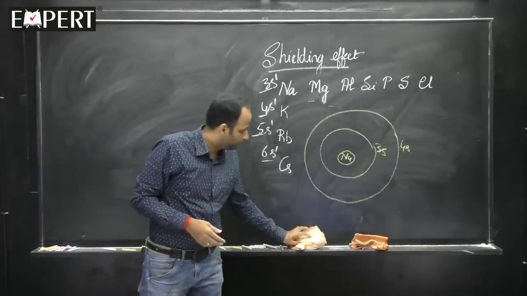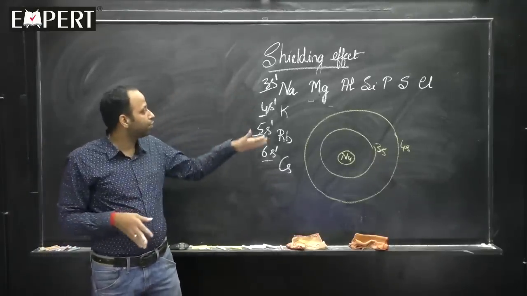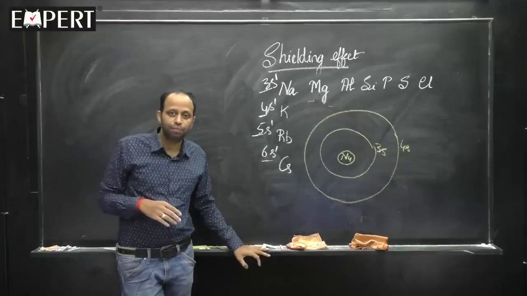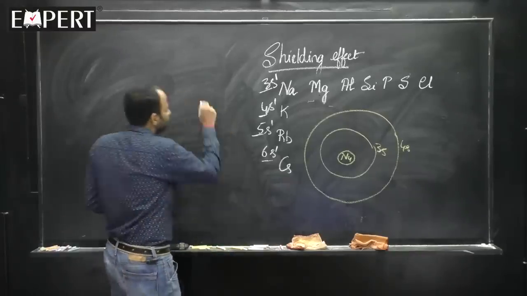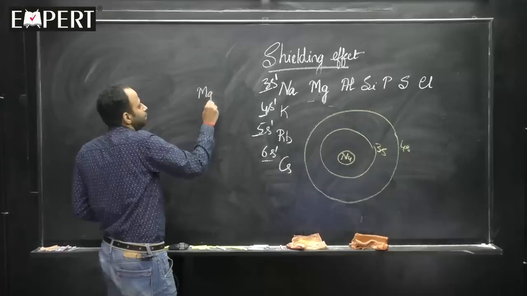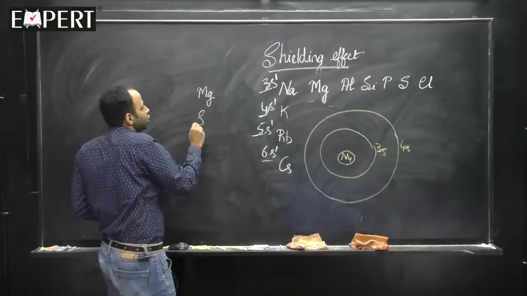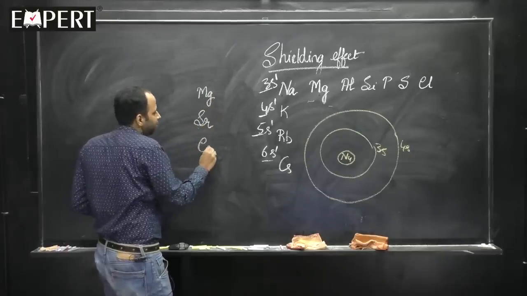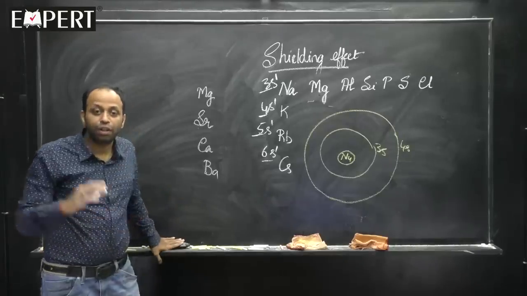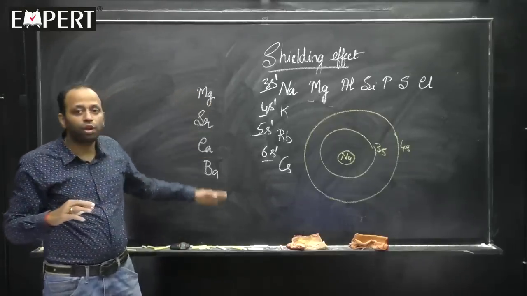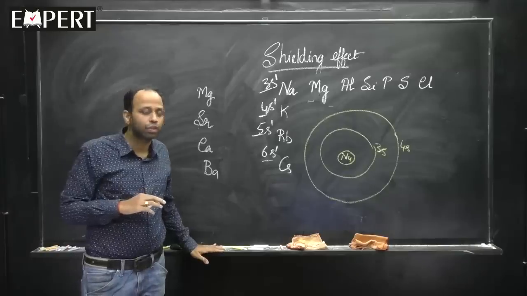Now, I have given you the example of sodium, potassium, rubidium, cesium. What if I ask you for magnesium, strontium, calcium, barium? I will give this order, but you know that these all belong to the same group. So, what should I do?